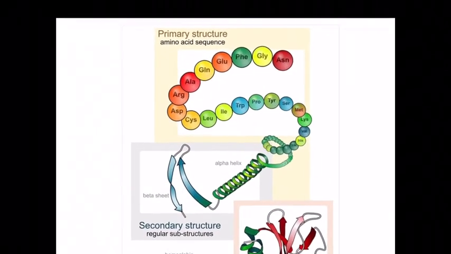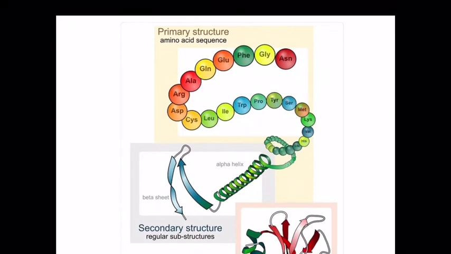So the primary structure of a protein is the sequence of amino acids. So which amino acid gets bonded to what, the first amino acid, the second amino acid, the third amino acid, on down through the whole growing peptide chain here. So that's the primary structure, the sequence in which the amino acids occur.